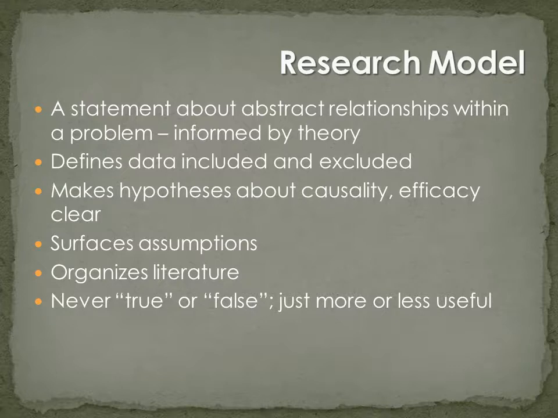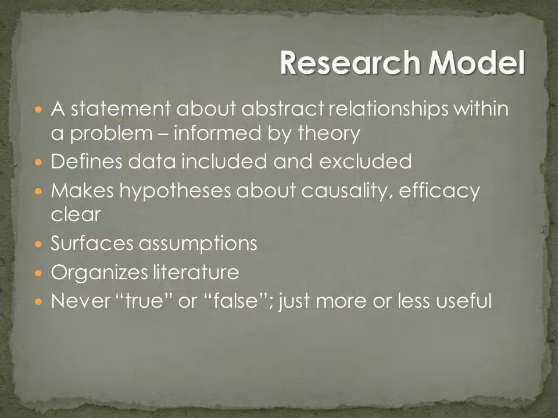A research model is a statement about the kind of specific relationships and elements we want to examine. We abstract these out of the real world by the nature of the theories we adopt, and we form statements about these relationships between these abstract entities. We then turn to defining the data that we can include and exclude according to the nature of the model.